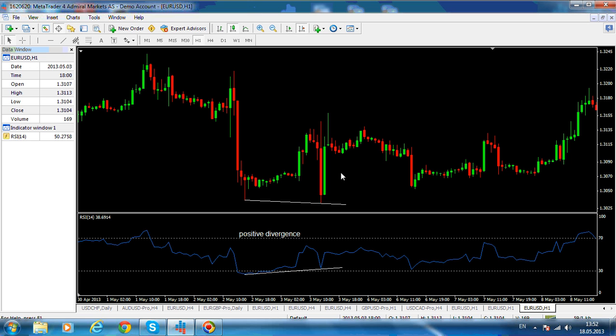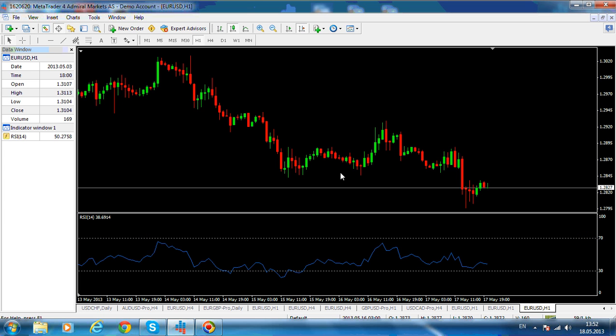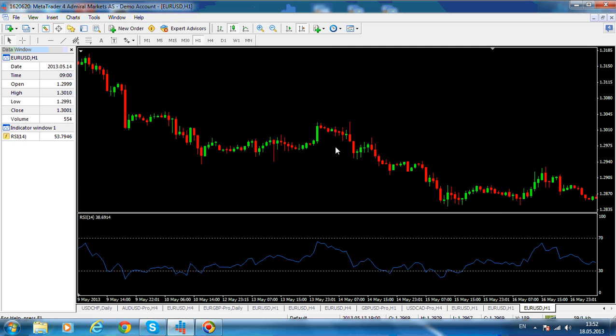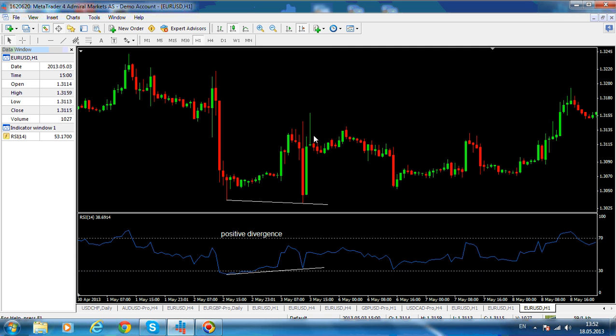I used the euro dollar for this example, on the 1 hour chart on recent prices, so that you know that we can actually trade these kinds of divergences. But you should be aware that price may have the tendency to stay in a divergence longer than your account is able to stand it.